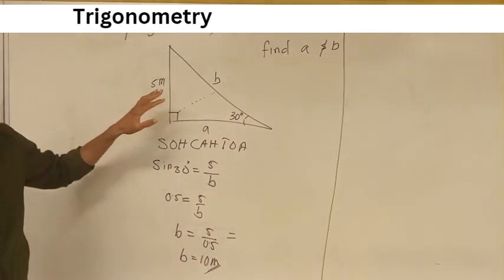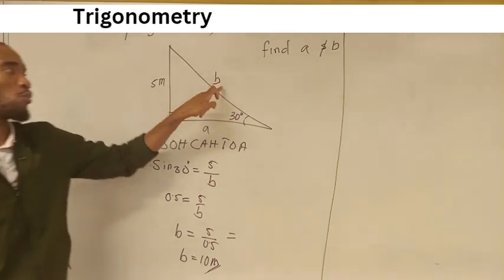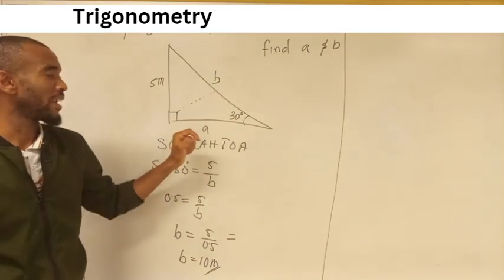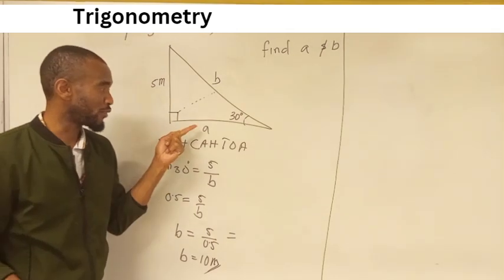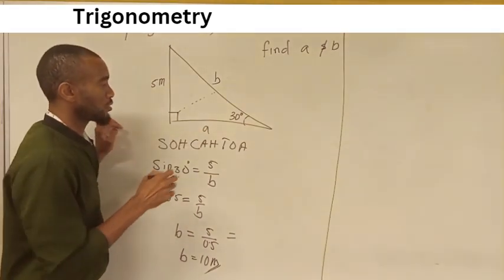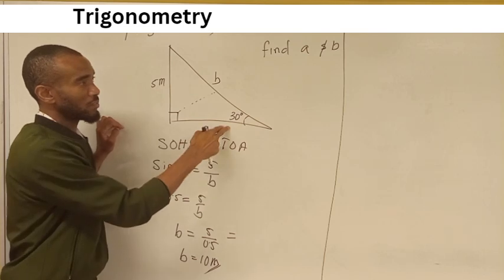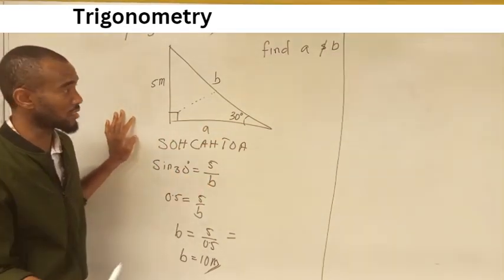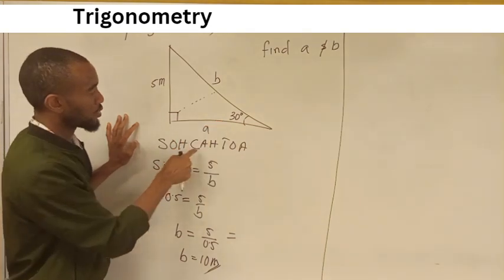And now that I know what b is, it becomes easier for me to apply the Pythagorean theorem to find a. Or I can also use cos to find this. But in this case, we can actually use the Pythagorean theorem to find it, or we can also use cos to find it.